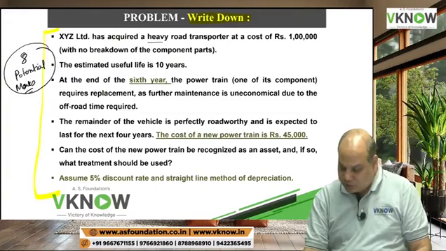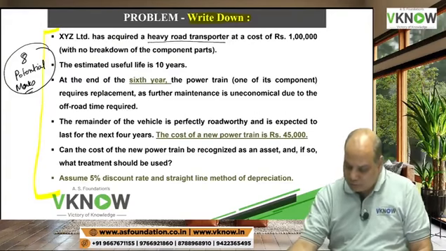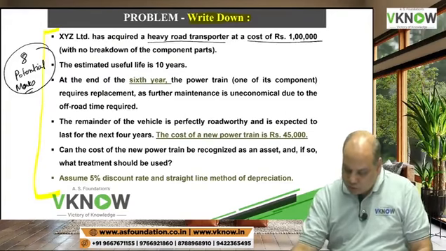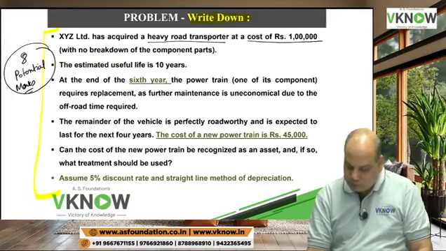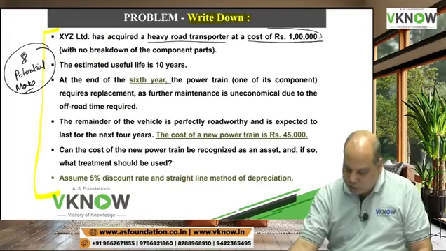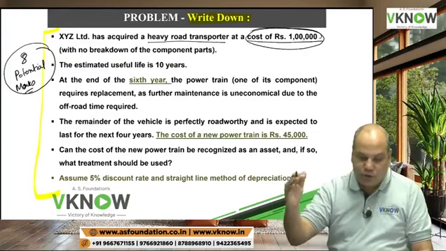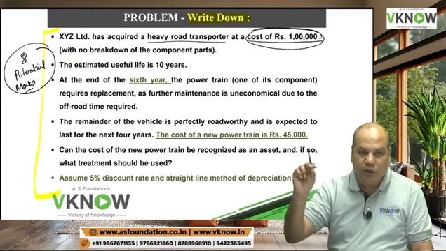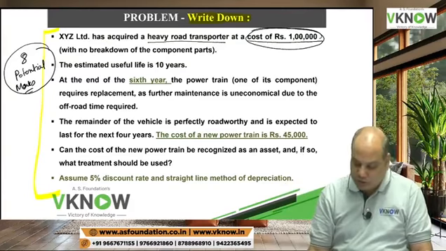So they have purchased a heavy road transporter. The total cost is 1 lakh, and in this 1 lakh there is no bifurcation. This road transporter may have many parts, but right now they don't know the bifurcation of each part.